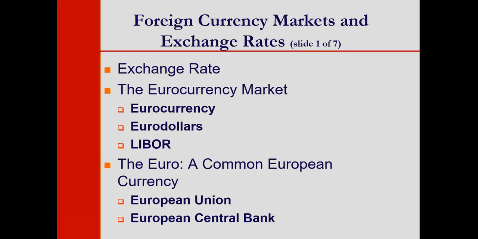So what is euro currency market? Euro currency is basically a generalized term for euro dollars or something. So euro currency here means the currency which is deposited in a bank located outside the country of its origin.